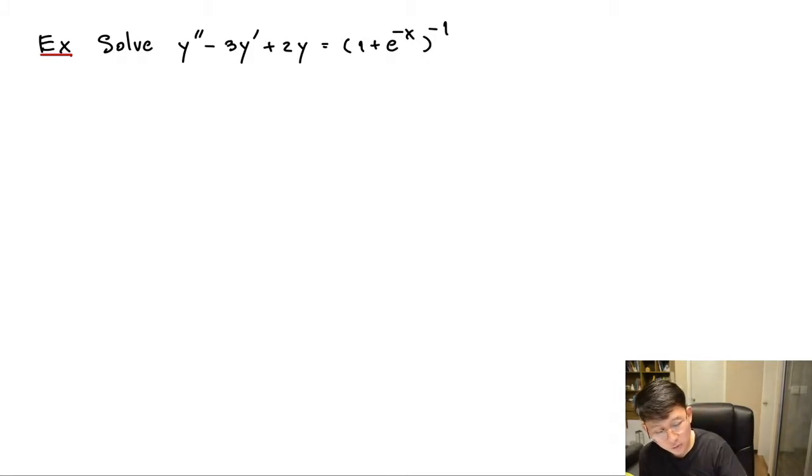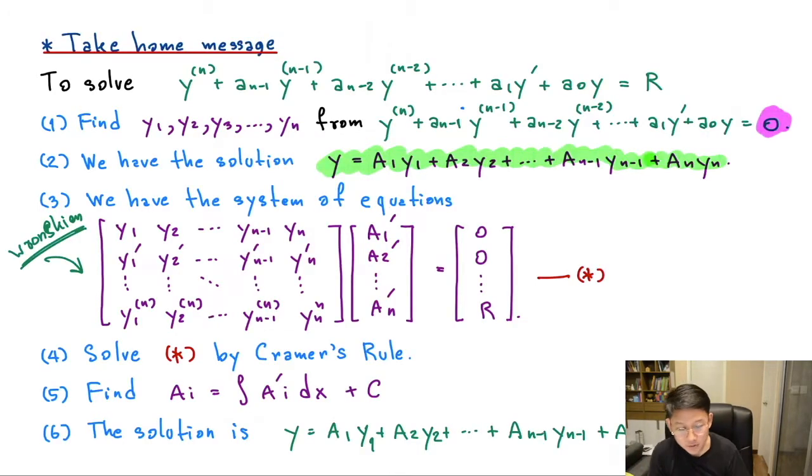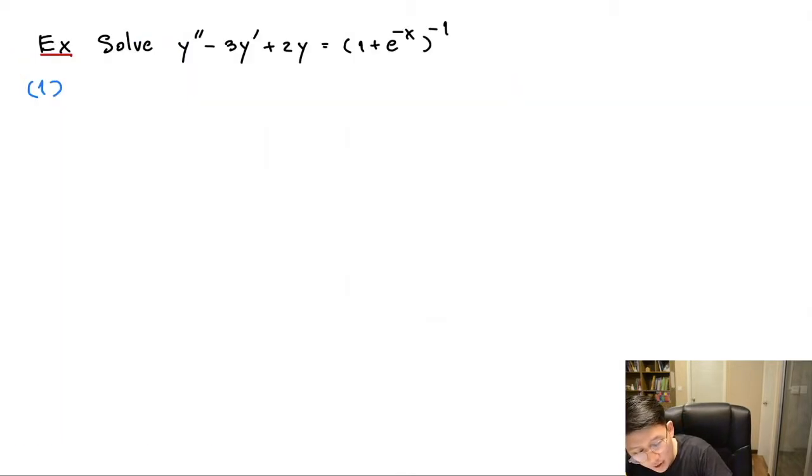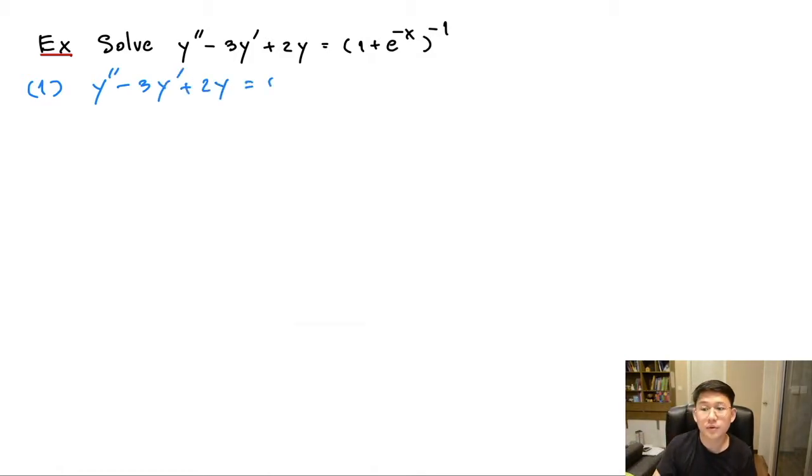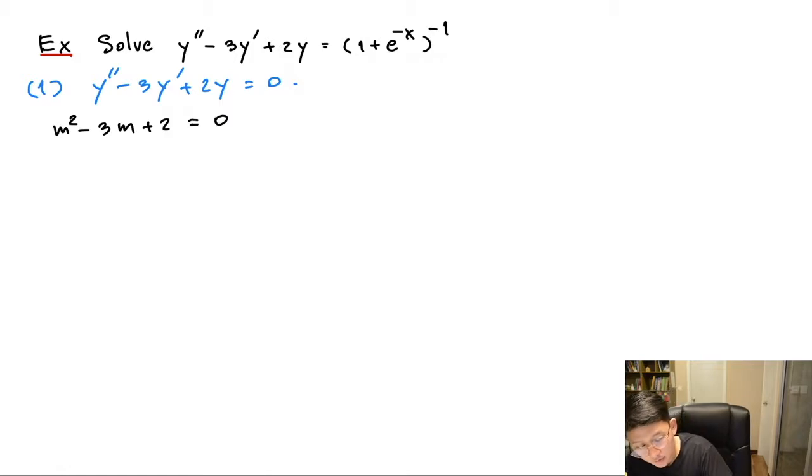If you want to look at this example, first we need to find each y. So I look at y double prime minus 3y prime plus 2y equals 0. In that case, we have m squared minus 3m plus 2 equals 0. Factorize it: (m minus 2)(m minus 1) equals 0. m is 1 and 2.